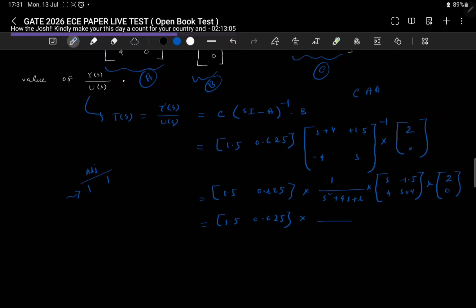Okay, then just multiplication, it will be 2s plus 8. Okay, now if you multiply, it will come like this.